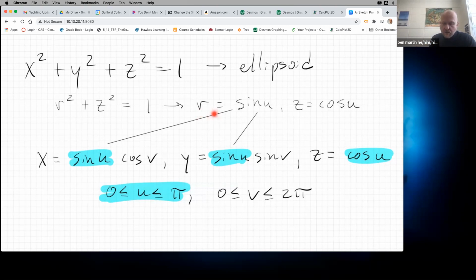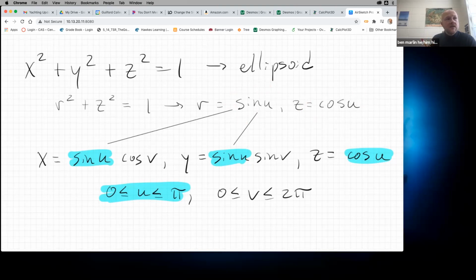So if we're parameterizing a circle, we can always do it by either r equals cosine theta, z equals sine theta, or vice versa. Now, you should be super curious as to why I reverse those from what you normally see.